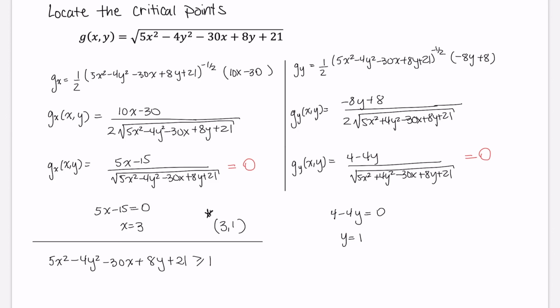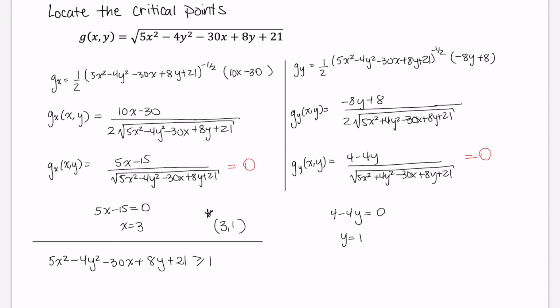Now, what does this actually look like? I ask since any point that lies on this curve specifically is on the boundary of our curve. That's the boundary of the domain, I mean. So let's complete the square a couple times to figure out what this looks like.